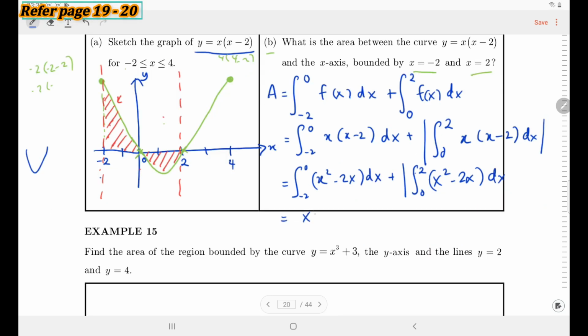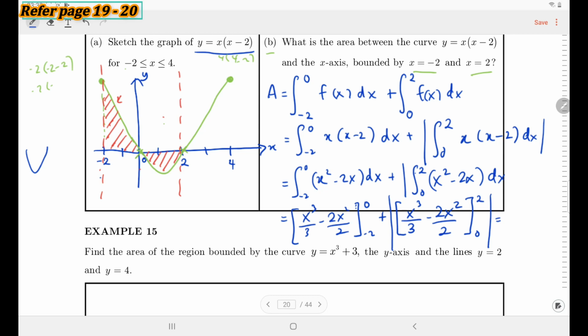So x to the power of 3 over 3 minus 2x squared over 2, from -2 to 0 in square brackets, plus the same here, x to the power of 3 over 3 minus 2x squared divided by 2 from 0 to 2.